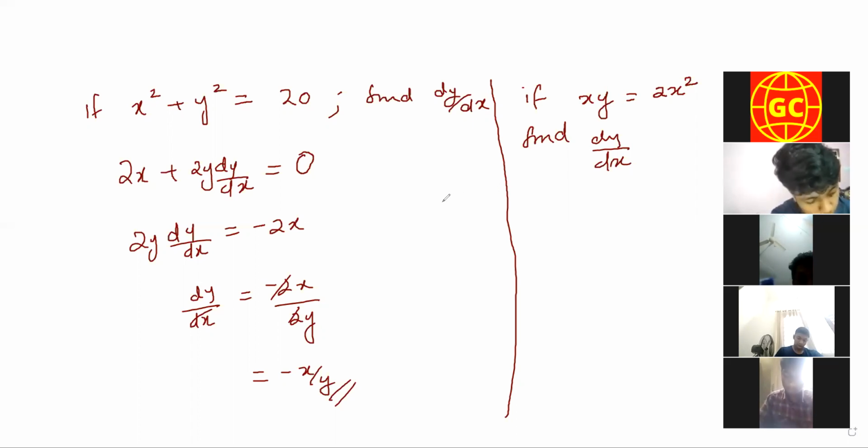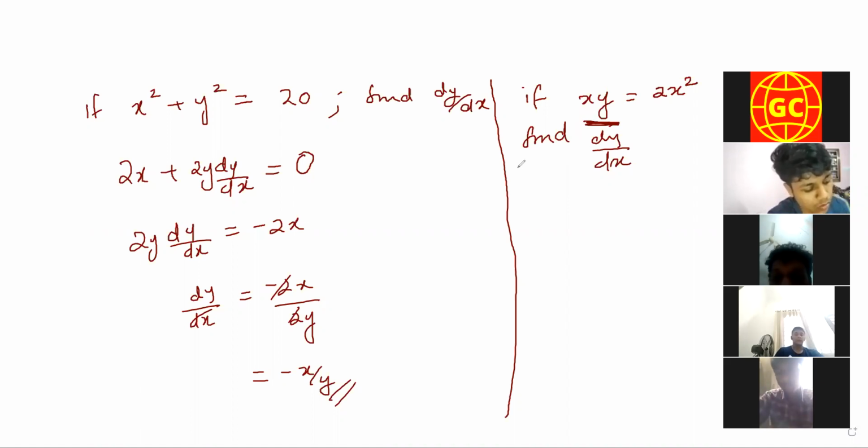So we have to take derivative on both sides, isn't it? So what rule you will apply here? Can anybody say which rule?